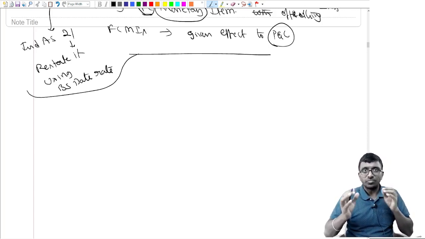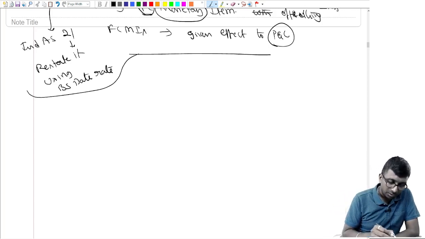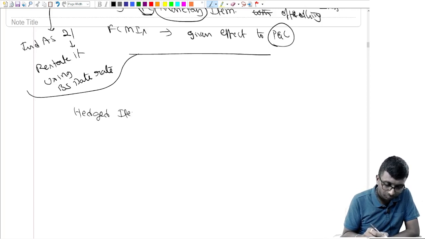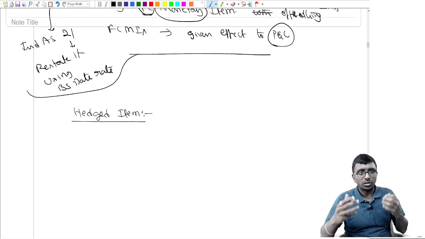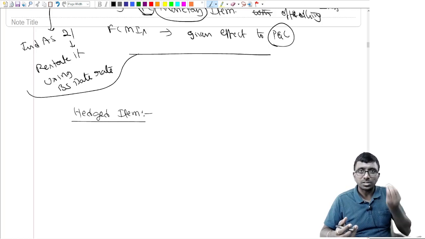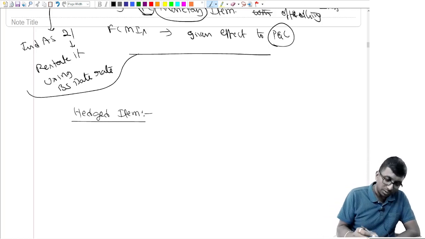It means that which is going to be hedged. You can hedge an asset or liability which is there in the balance sheet.